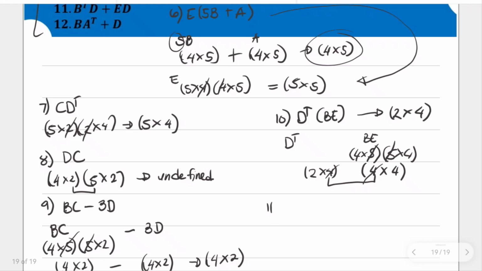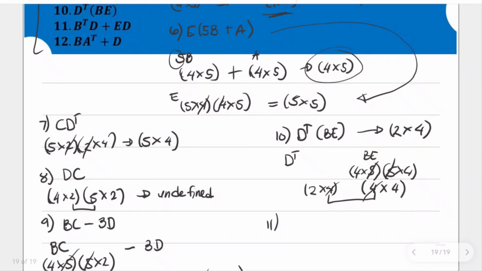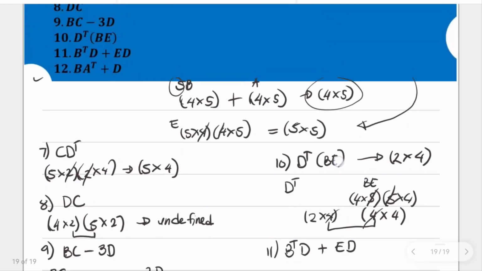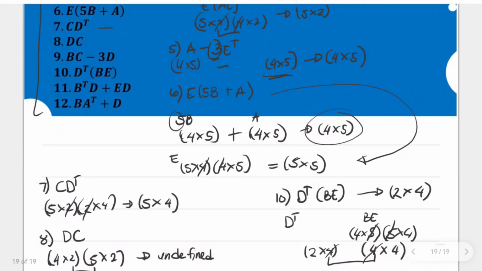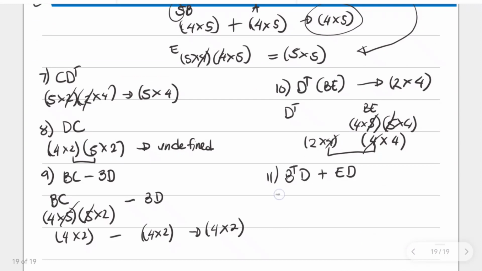11. 11 is the transpose of B times D plus ED. Okay? So B, or transpose of B, okay, so pardon if I'm going to scroll down, scroll up from time to time. 5 by 4. Here it is. 5 by 4. So BT is 5 by 4. And your D, we have D here earlier.